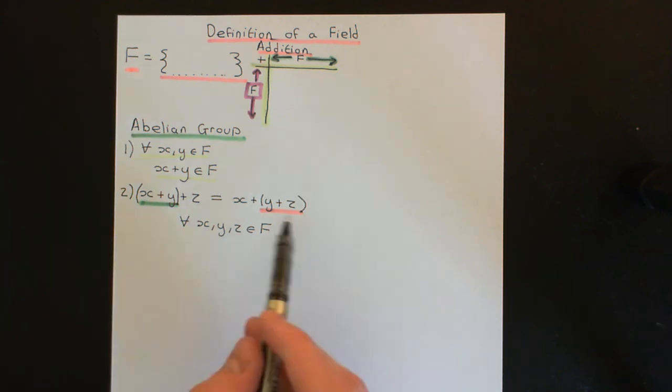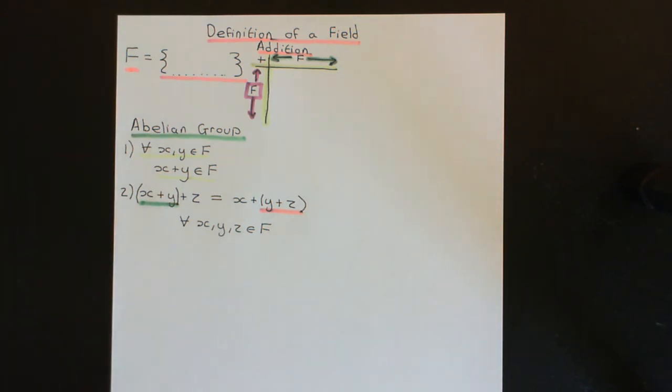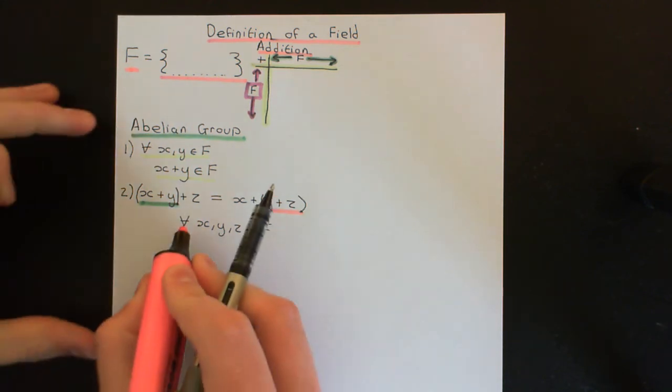It does not matter how you put the brackets in, how you break the composition of three things down into the composition of just two things at any one time.